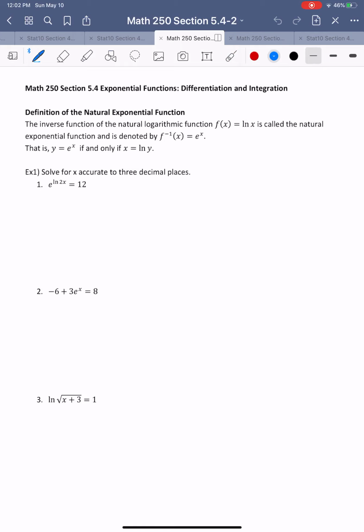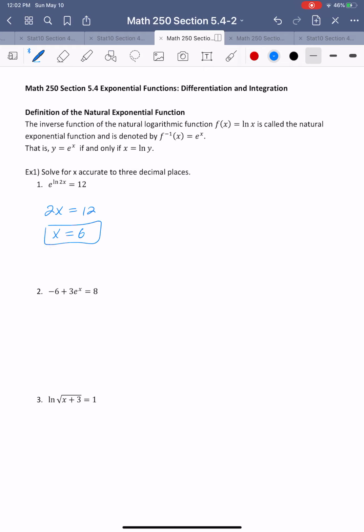Alright, so in order to do this, you can change from the exponential form to the logarithmic form, or you can just use the rules in here, okay? So e to the ln 2x is the same as 2x.